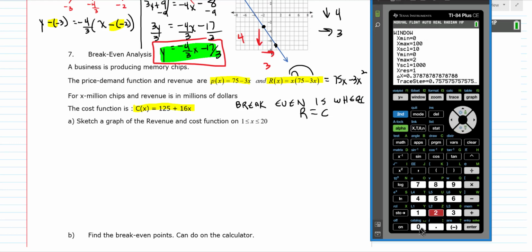And then I'm just going to take that up to 2,000 and then scale by 500. And you got to play with it because you want to see the revenue and the cost, and you want to see where they intersect because those two things are the break-even points. So I'm going to adjust it one more time just because it's better. So this is going 10, 20, 30, 40, 50, 60, 70. I'm going to change this to 80.